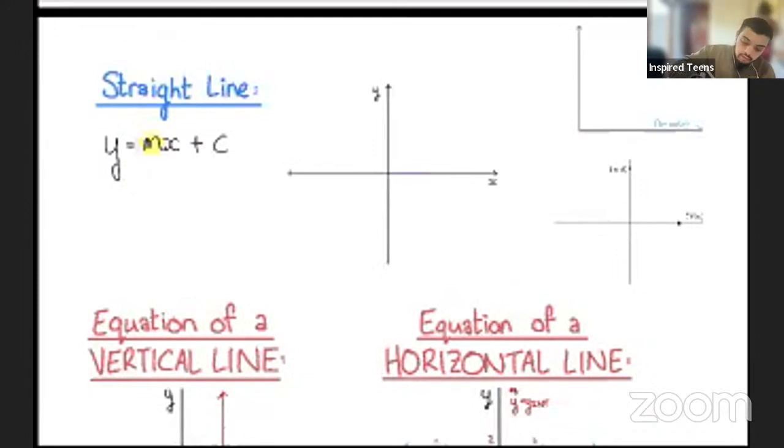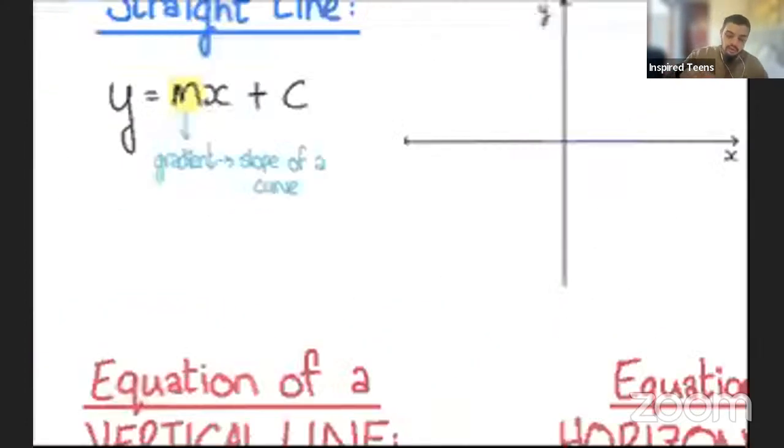And what is gradient? Gradient is the slope of a curve. Essentially how steep something is, and we'll look at it a bit more in a little diagram just now, and you guys will be able to understand it.